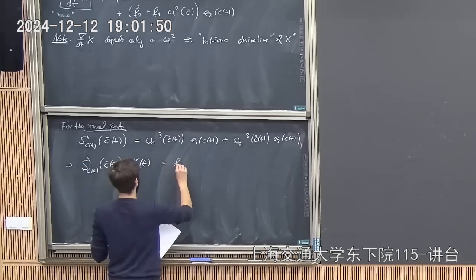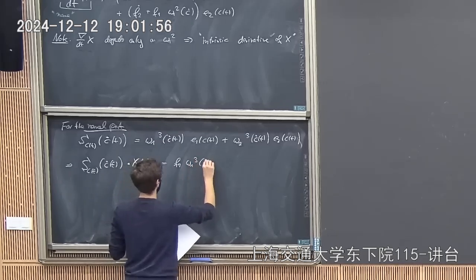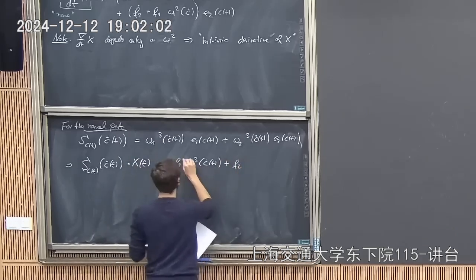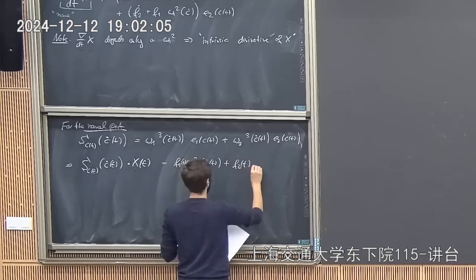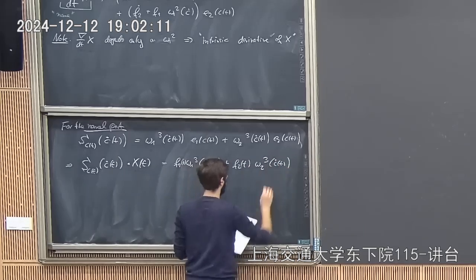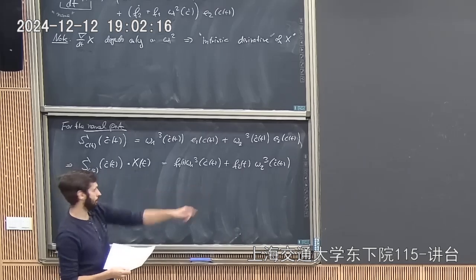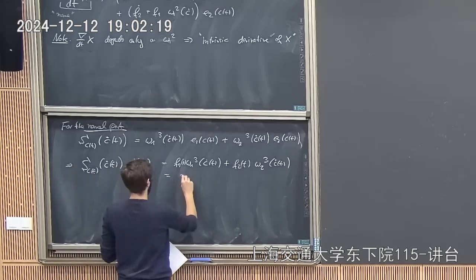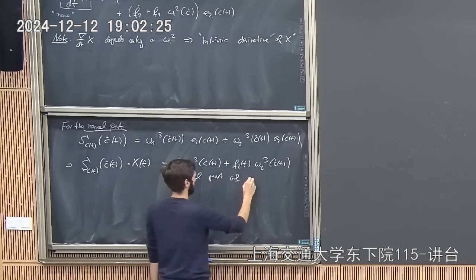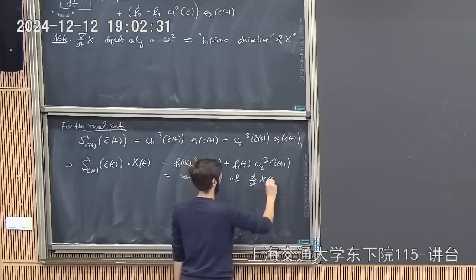So what we get is f1 of t omega 1,3 of c(t) plus f2 of t omega 2,3 of c(t). So this is the normal part of d/dt x of t.